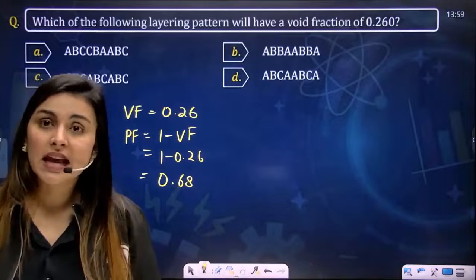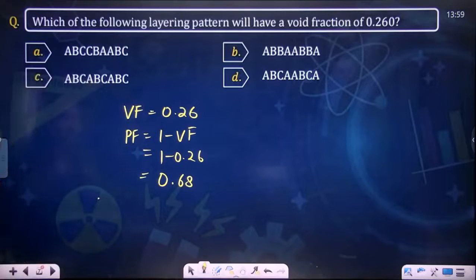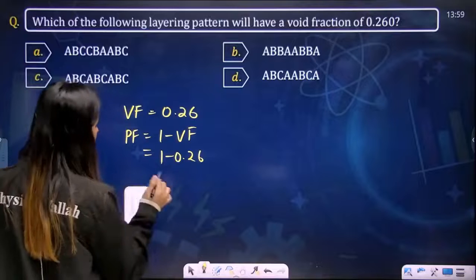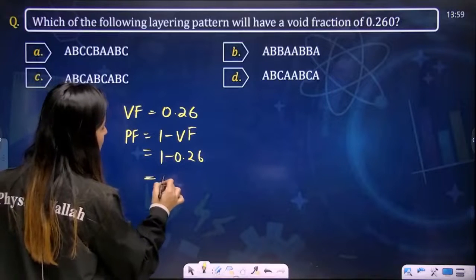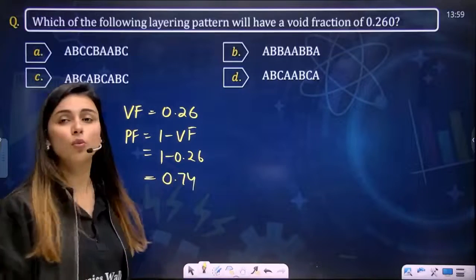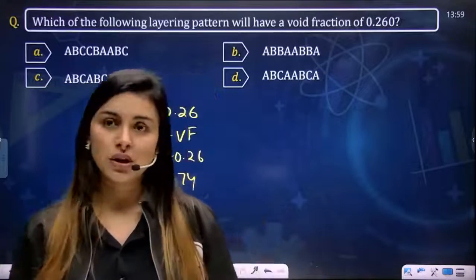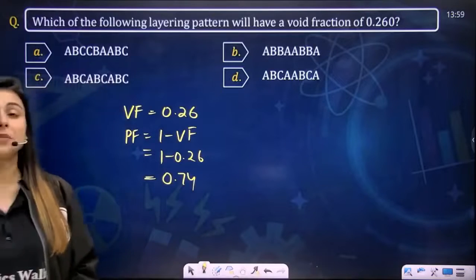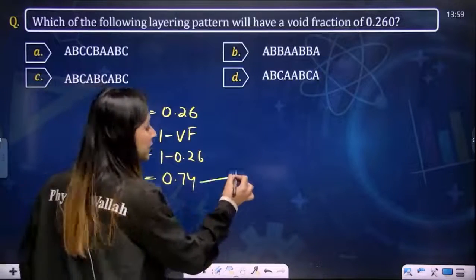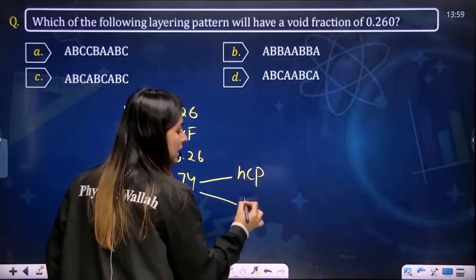Why is it 0.68? What calculation have I done? 1 minus 0.26, yes, it is 0.74. Yes, it is a 0.74 packing fraction. Now, if your packing fraction is 0.74, this means that either it is HCP or it is FCC.